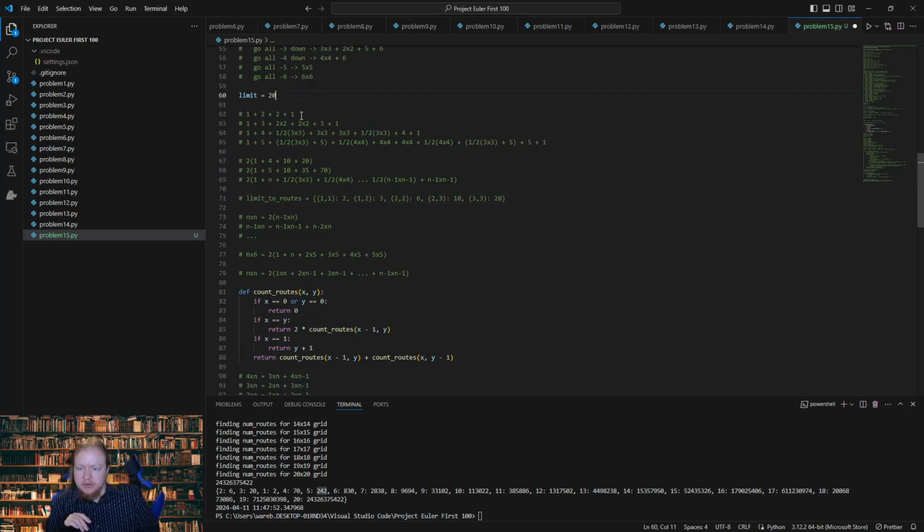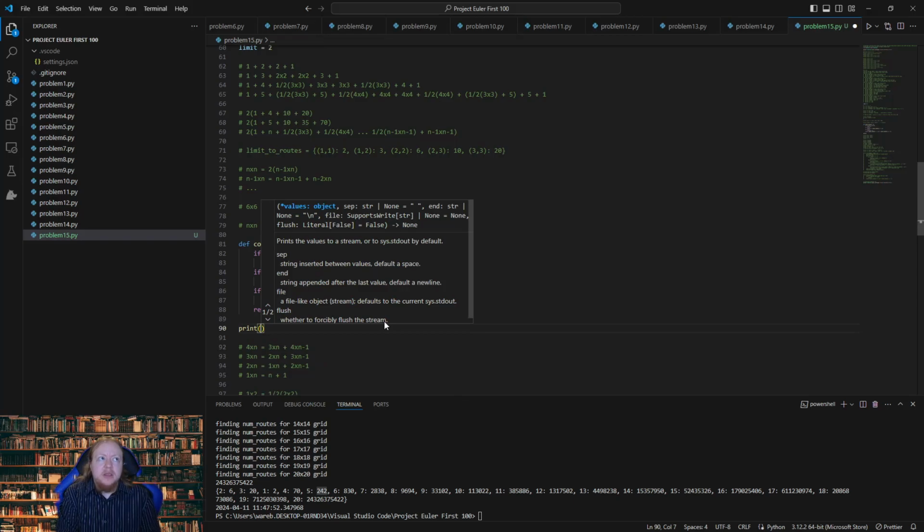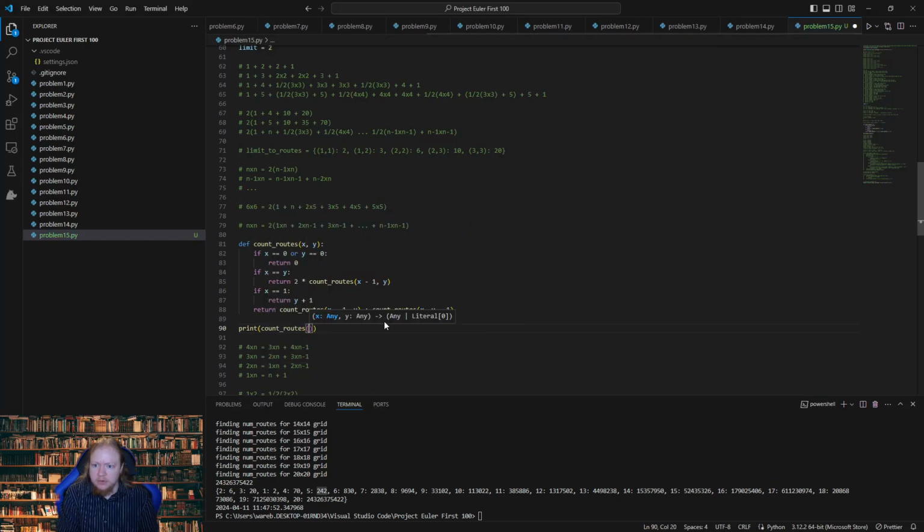Okay, so let's put our limit back to 2. Let's add a print statement to the end of this, and let's see if we have created an infinite loop by accident. So we want to print count routes for limit.